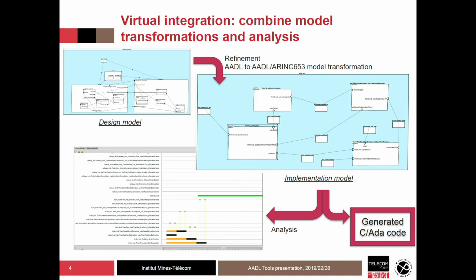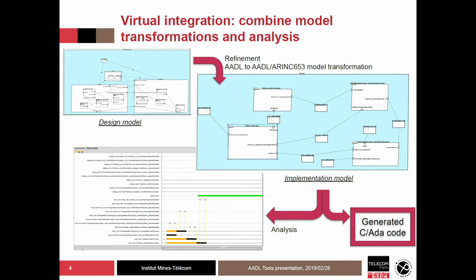And this is actually the level of abstraction at which we believe it is interesting to do the timing analysis, because there we have introduced shared data, which will have an impact on the timing performance eventually. So you can do the analysis on the design model, you can do it on the implementation level. I don't expect any of you to try to write a model as it is shown on the right side, because it's quite difficult to understand.